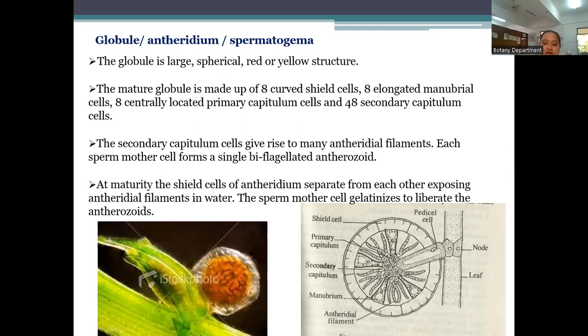You can observe in this picture: the globule is spherical, reddish, yellowish in color. It consists of a pedicel. You can observe this part, this part is called the pedicel. Another name is stalk.